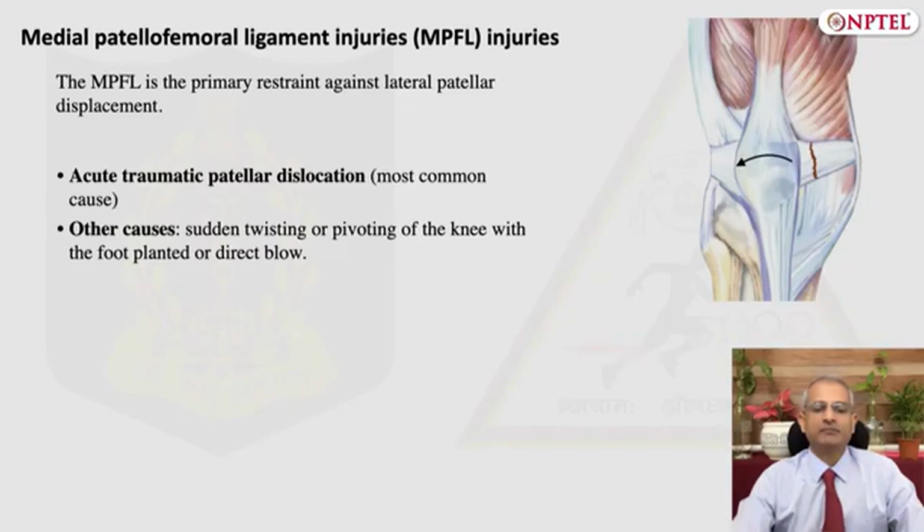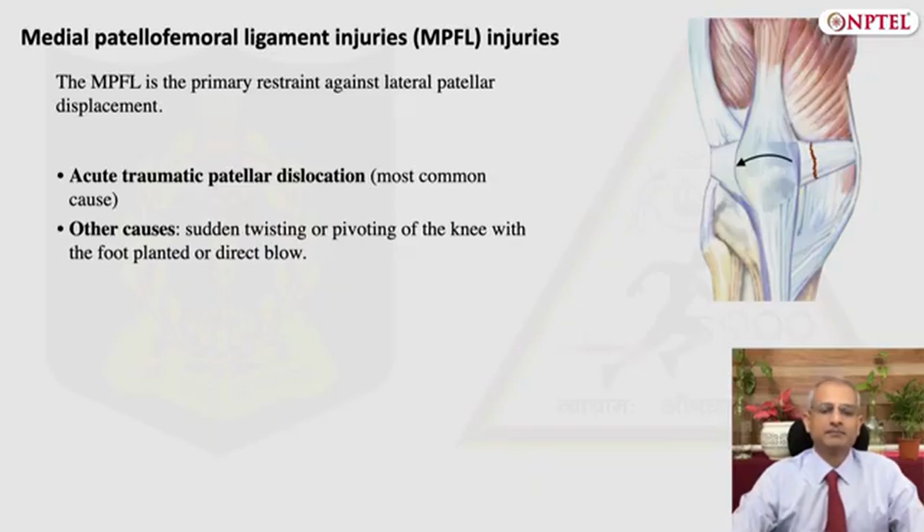Injury to this ligament typically occurs due to acute traumatic patellar dislocation, which is the most common cause, or indirect trauma like sudden twisting or pivoting of the knee with the foot in a planted position, or sometimes due to a direct blow to the medial side of the patella, which pushes the patella laterally. It may result in recurrent dislocation of the patella or patellar instability and may require surgery for stabilization.